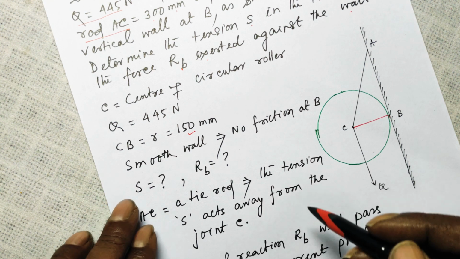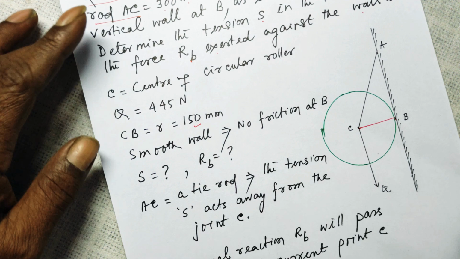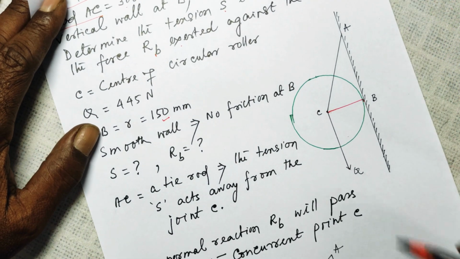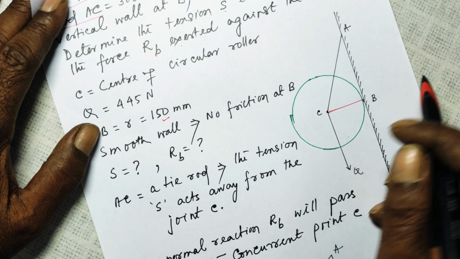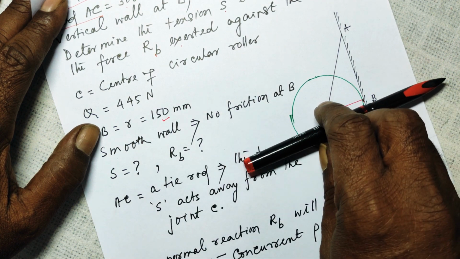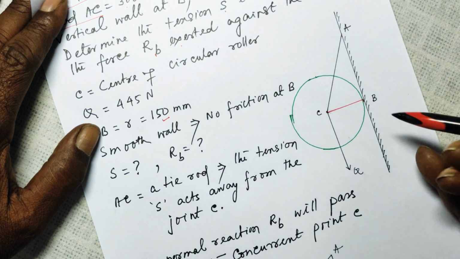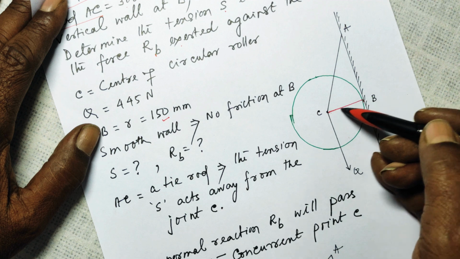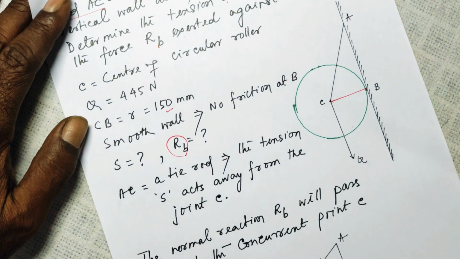The wall is smooth, so there is no friction at the point of contact B. Now, when this ball at the point of contact B presses against the wall as an action force, the wall provides a reaction force to this side. That reaction force is RB, right?